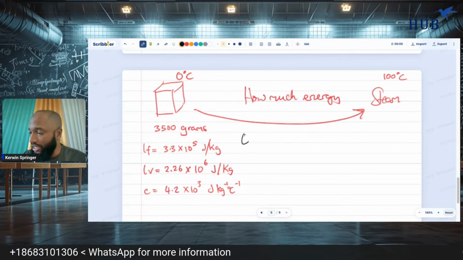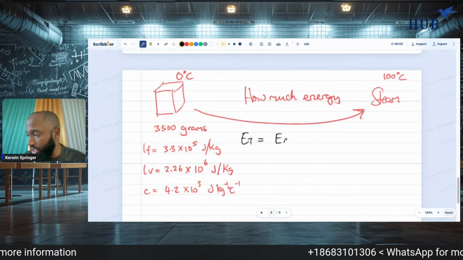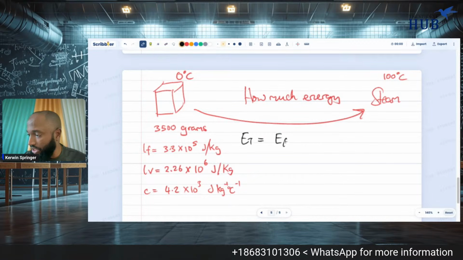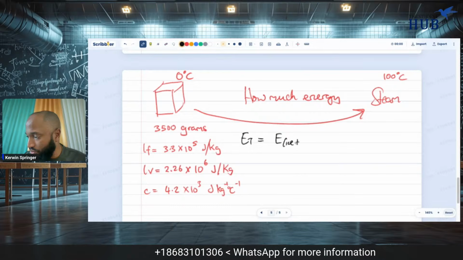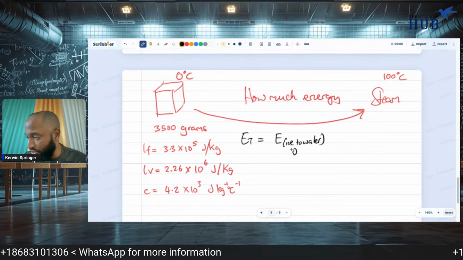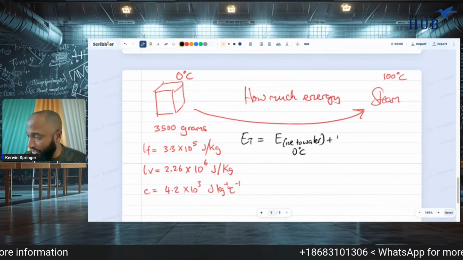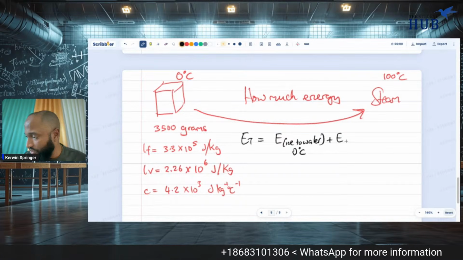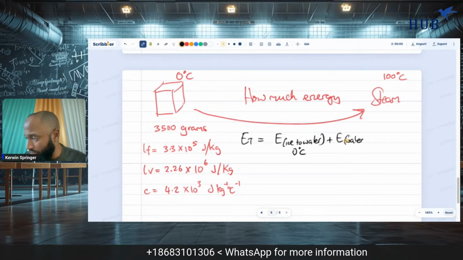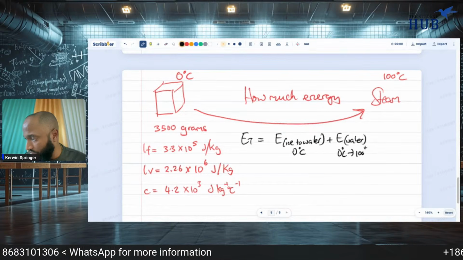So the total energy would be the sum of the energy got by the fusion part, which is ice to water at 0 degrees. Then you'll have to add the energy still in water, but you're going from 0 degrees to 100 degrees.